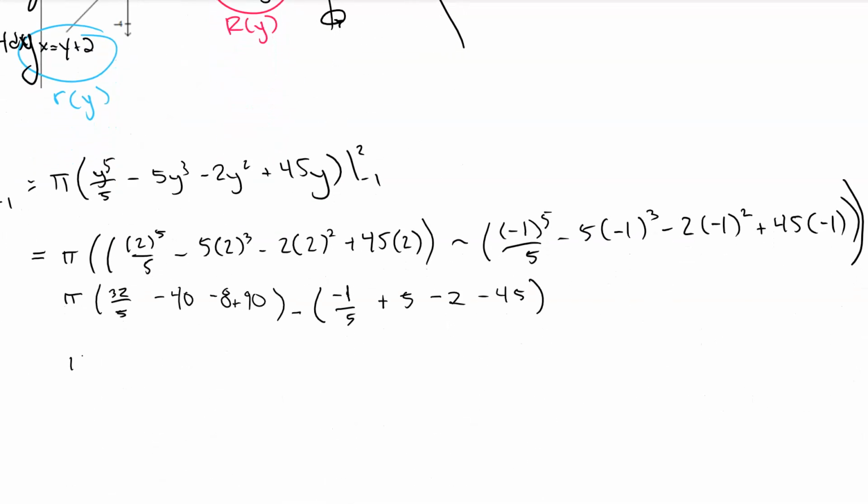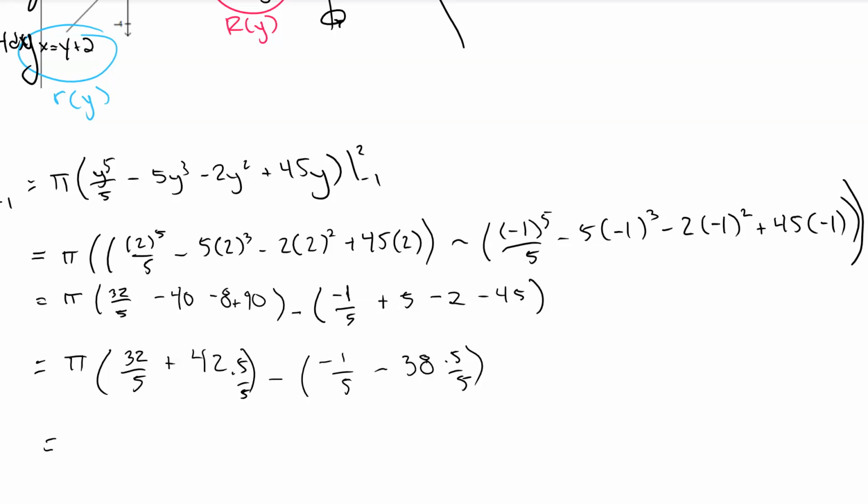So let's combine everything here. We've got negative 48 and 90, which is positive 42. And then we've got negative 38. We want those over 5, so times 5 over 5, times 5 over 5.